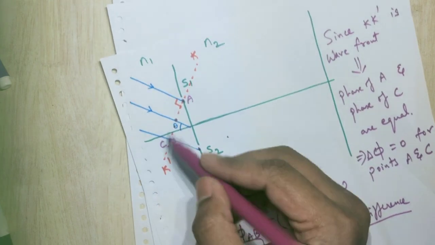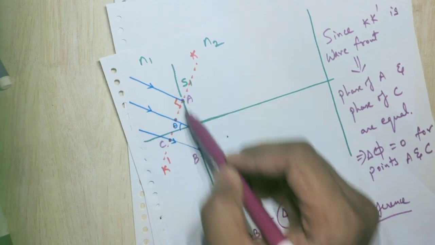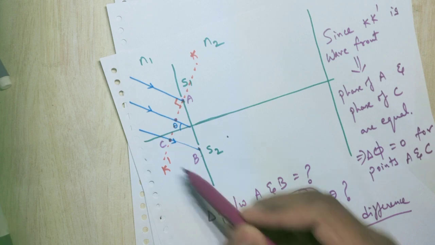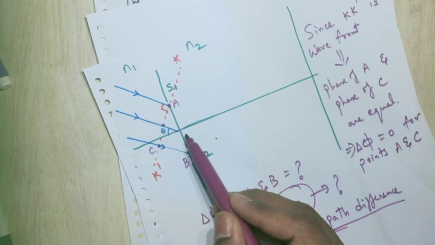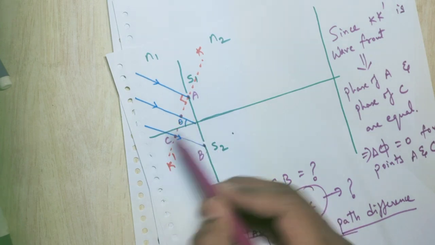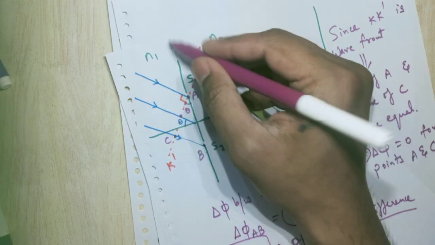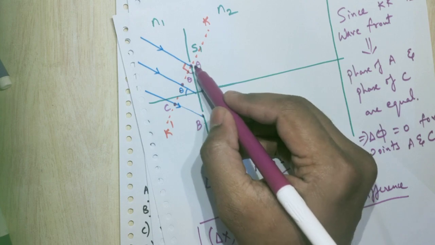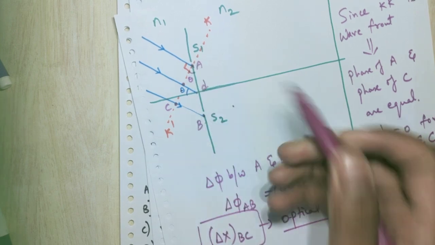So from this figure, you can see that this line and this line are perpendicular. Also this line and this line are perpendicular, and this is the angle between these two lines. So the same angle will be there between these two lines. And we already know that the length of AB, the distance between the S1 and S2 slits, is small d.